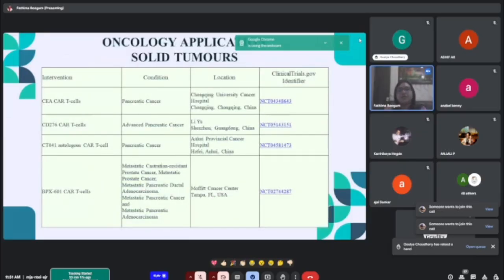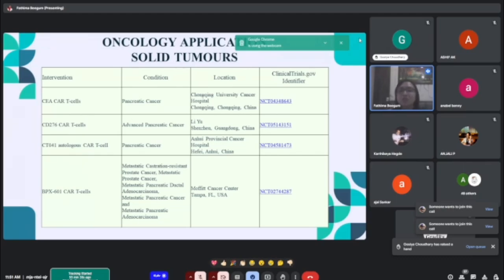These are the studies that have been conducted so far, and the clinical trials that are going on for solid tumors. As I told you, it is very difficult to treat solid tumors, and the conventional CAR is not suitable for treating solid tumors as they have more than one antigen and also a complex environment.